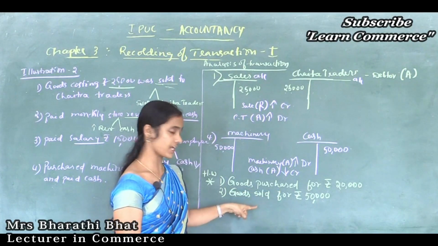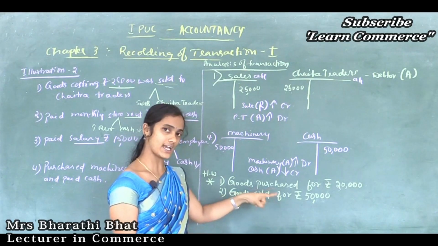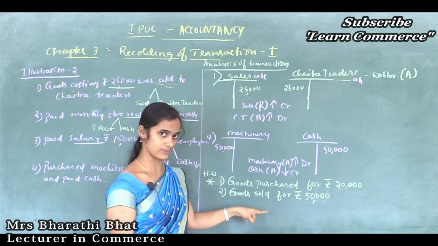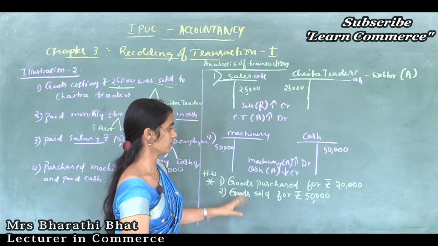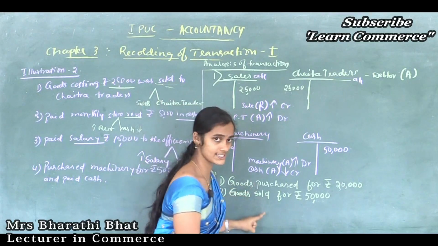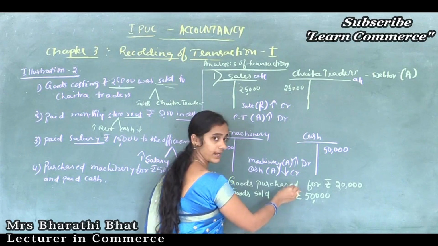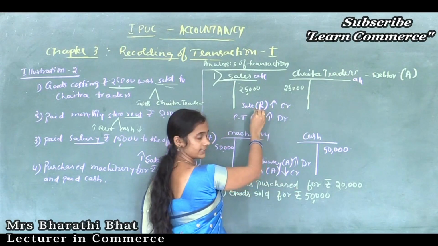At the time of sale, revenue increases, and in the same way cash also shows increased value. Getting my point? So these are two transactions. You have to work out these two transactions, find out the two different accounts and apply the rule like this.